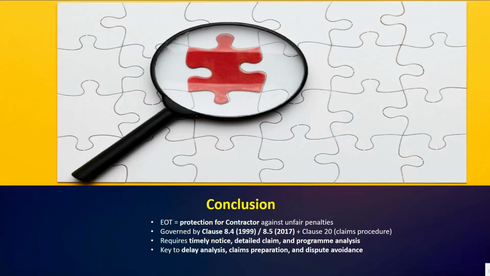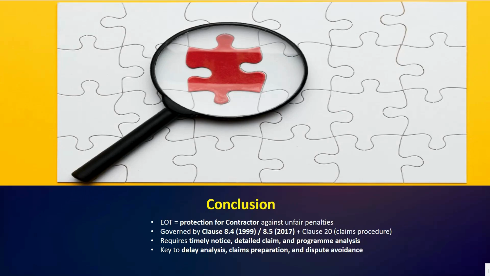So finally, we have the conclusion. Now let's conclude. EOT is a protection mechanism for contractors against unfair penalties. It is governed by clause 8.4 in the 1999 FIDIC and clause 8.5 in the 2017 edition.